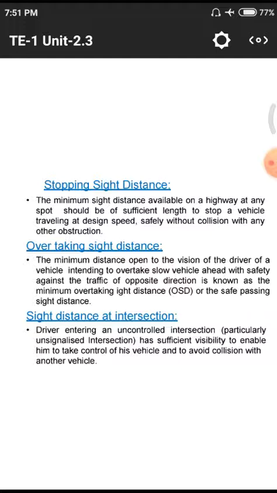And the next one is the sight distance at intersections, that means at crossings and other points. Drivers entering uncontrolled intersections, particularly unsignalized intersections, that means no signals are maintained at those points. If signals are there, automatically due to red and green signals, the vehicles will be moving and stopping at those intersections.